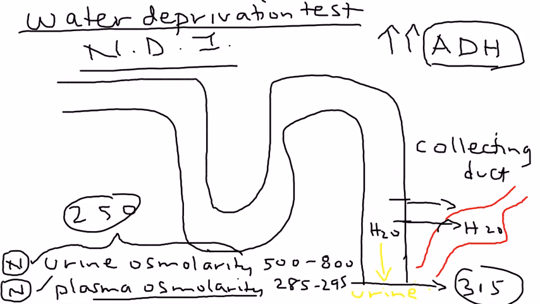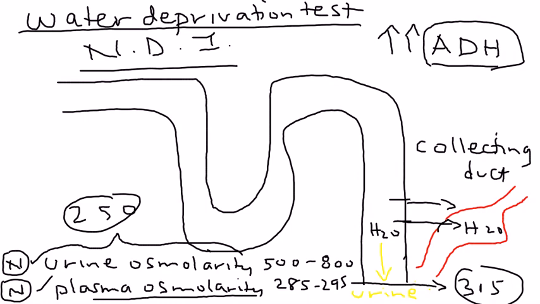But in nephrogenic diabetes insipidus, the water deprivation test has a very interesting result. Even if the body does respond by producing ADH, the kidney is unresponsive. So basically these numbers don't change, and that is a key distinguishing aspect to this disease.